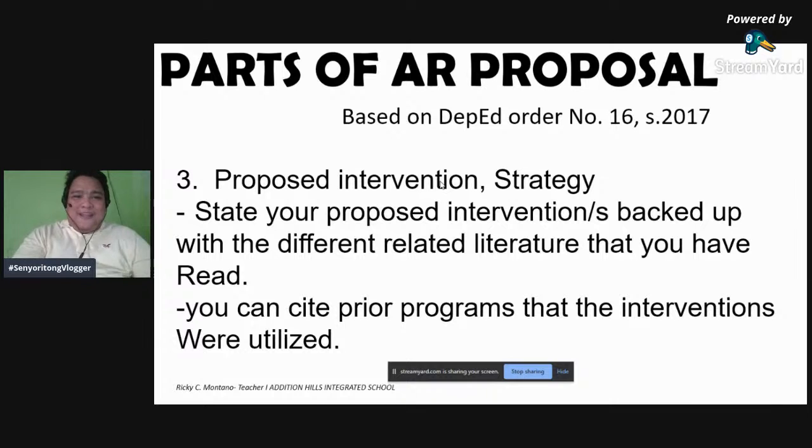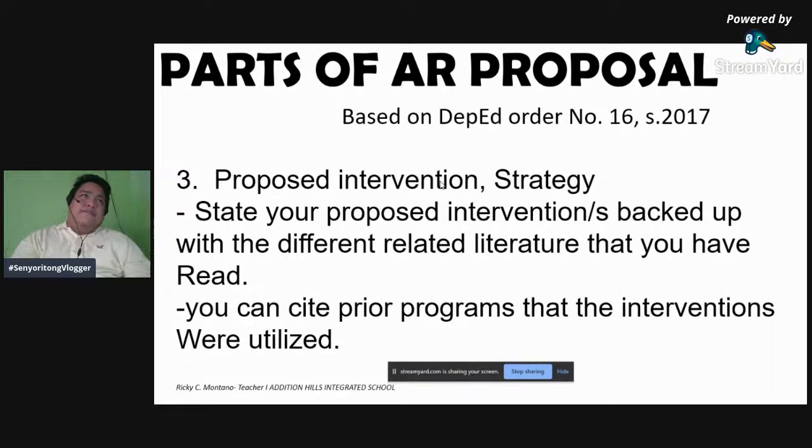So I will be sharing with you my strategy on why I find it very interesting in doing action research, because actually I read a lot. So if I encounter problems inside the classroom, or with one of my students, I begin to research about the problem.